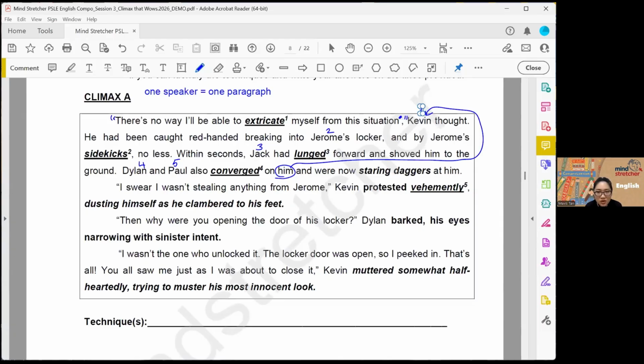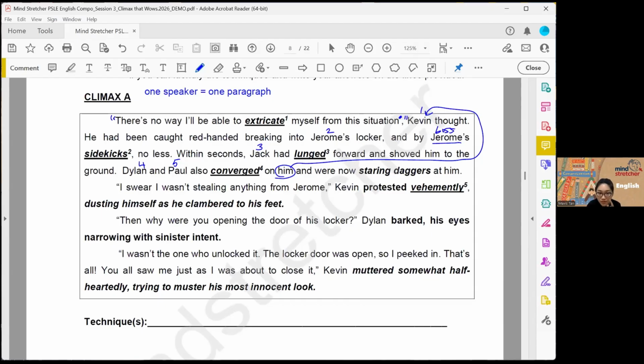So Jerome seems to be the boss or the gang leader, okay? And Kevin looked into his locker. So all his sidekicks, Jack, Dylan, and Paul, working for the boss, Jerome, are now surrounding him.